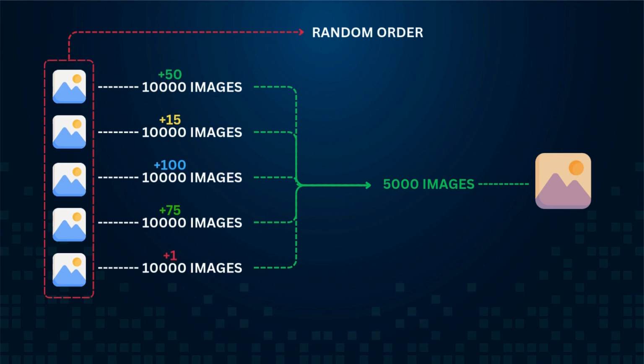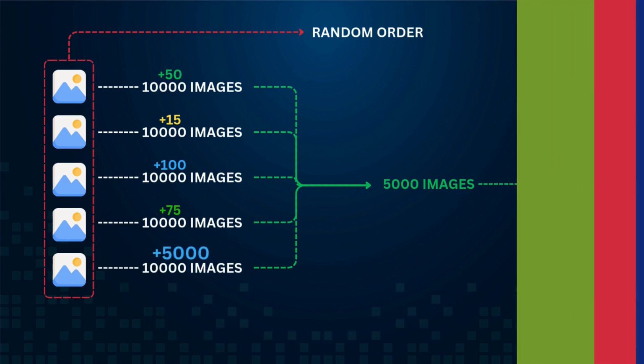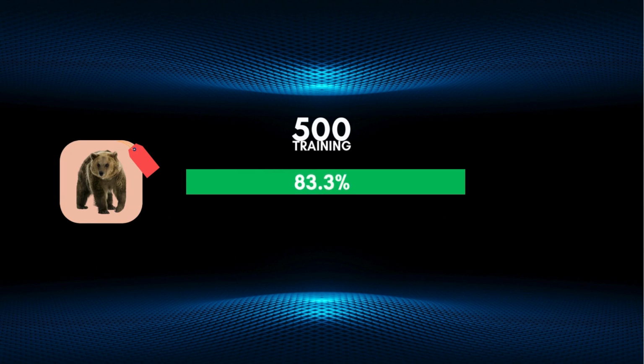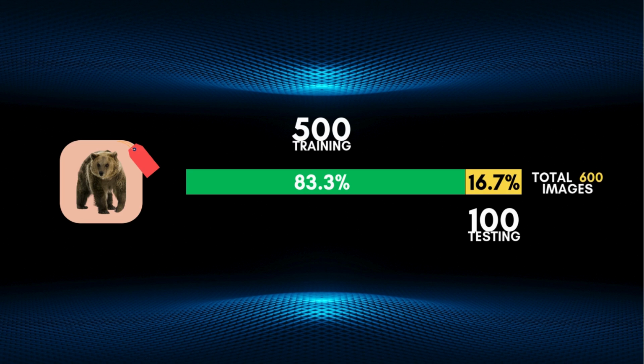Between them, the training batches contain exactly 5,000 images from each class. Each fine category has 500 training images, almost 83.3% of the total, and 100 testing images, 16.7%. This is considered a good balanced distribution for fairness and accuracy in model training and evaluation.